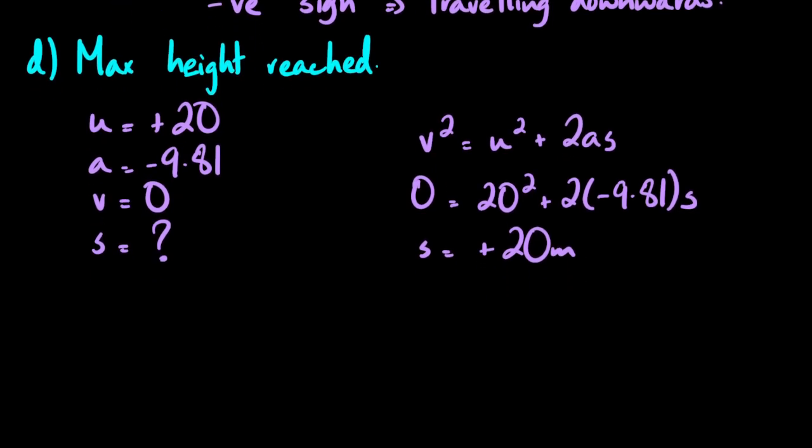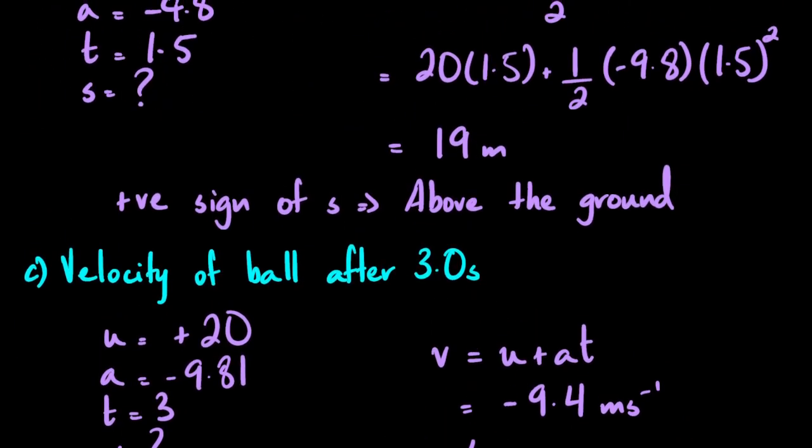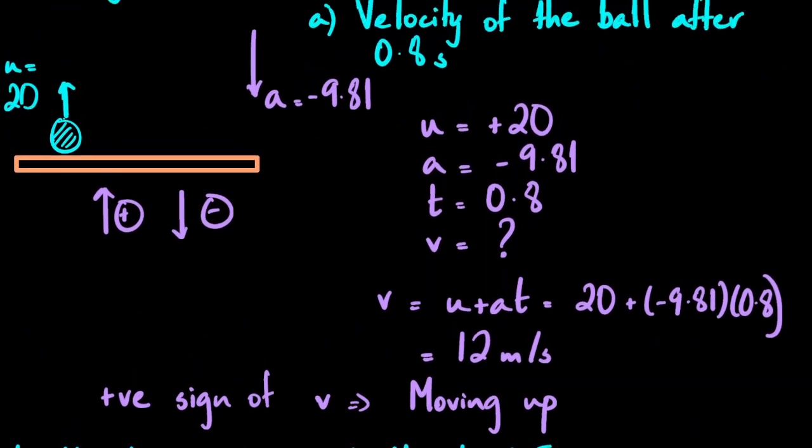The next part, let's add a part E as well, which is the total time of flight. For what time is it in the air? Here as well, there's a certain aspect of symmetry. Let's go to the diagram for this.